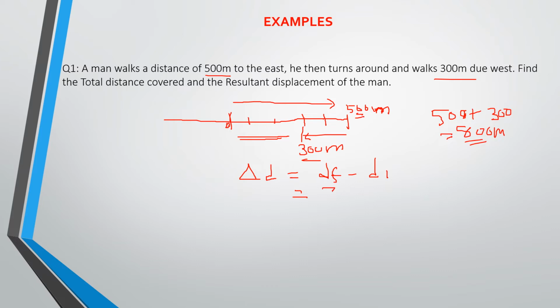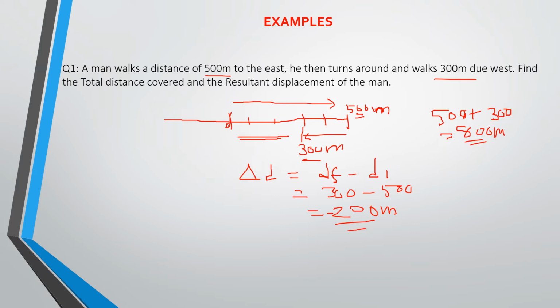So that will be 300 minus 500, and this gives you 200 meters. So you see that this is minus 200 meters. So this is the displacement.